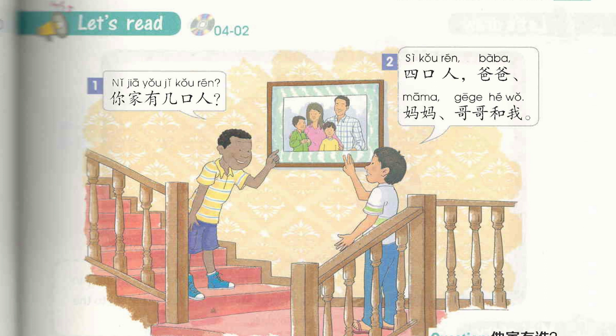So they are father, mother, 哥哥. What is 哥哥? 哥哥 means elder brother. 和我，和 here means and. 我 means me. Father, mother, elder brother, and me. 懂了吗？Understood?